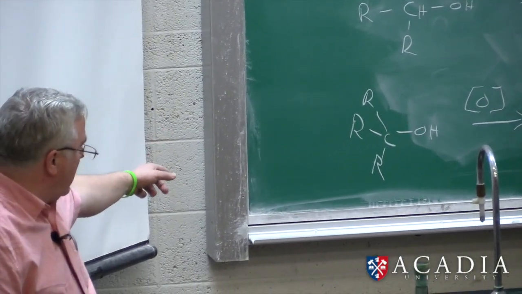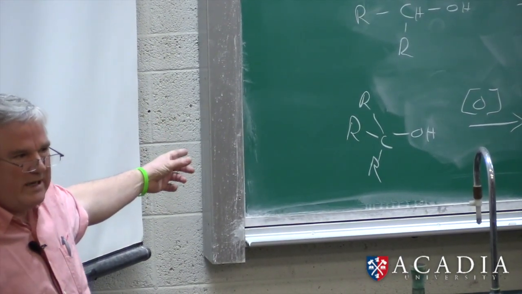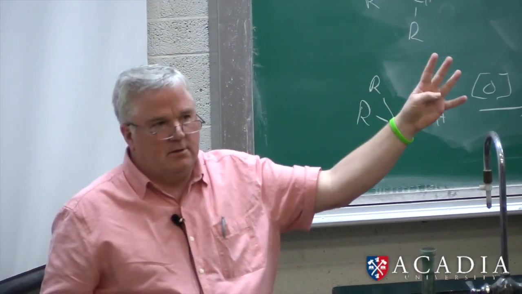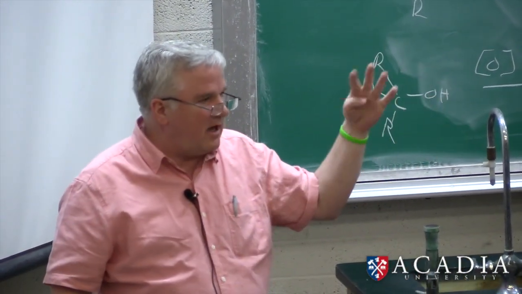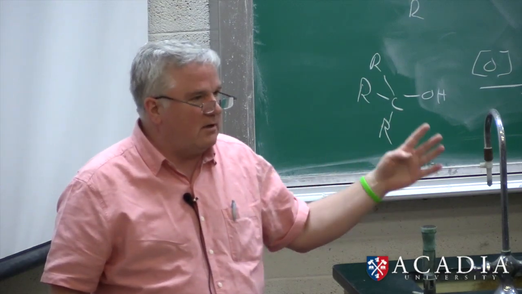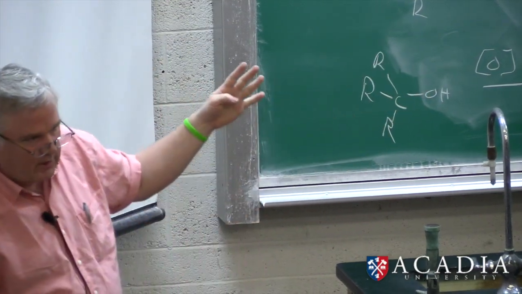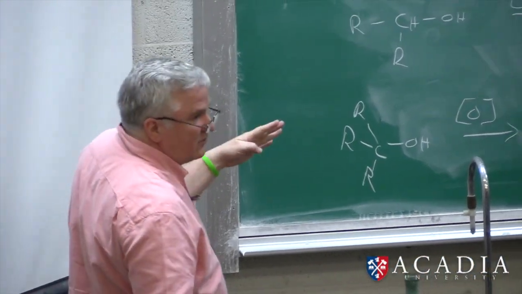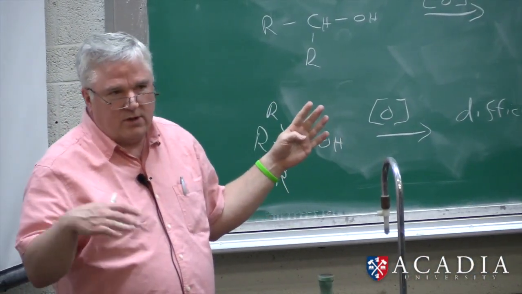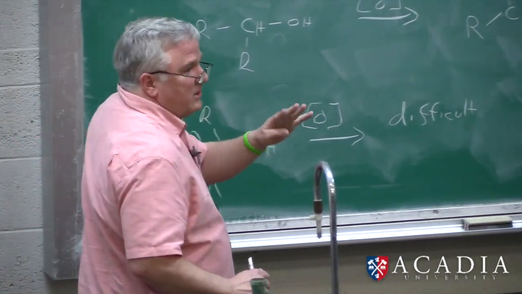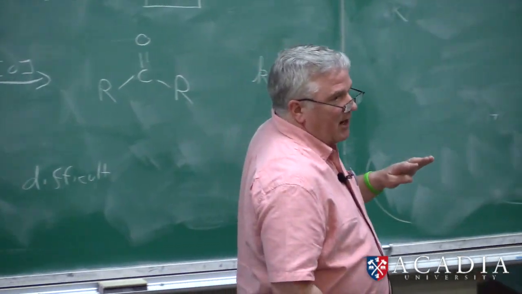Because we have three groups on that carbon already, we can't fit a carbonyl there. Carbon can only have 4 bonds, right? That's something you should be telling yourself all the time when you're writing your midterms. Carbon likes to have 4 bonds. Whenever you draw a carbon with 5 bonds, you've drawn something wrong, or you're in an advanced inorganic class, okay? You should never see 5 bonds to carbon.